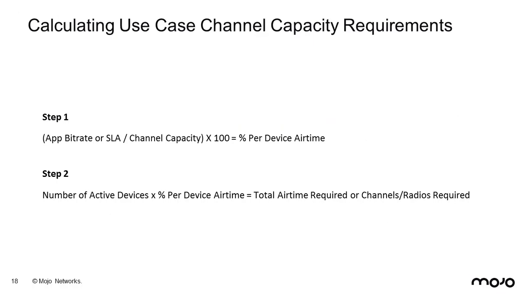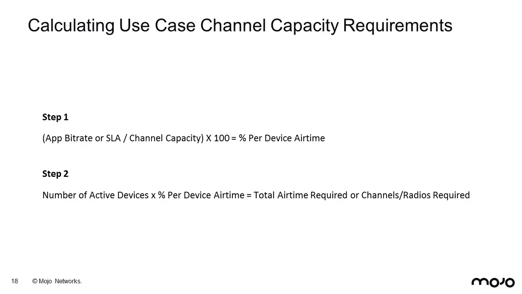Before we move on to the next, we'll just summarize with this little 2-step process when we're going to do some channel capacity planning. Back of the napkin type calculations, where you take the application bit rate, like the highest bit rate application.